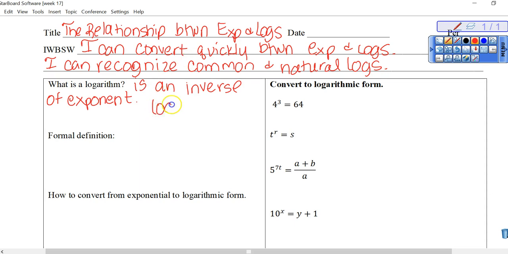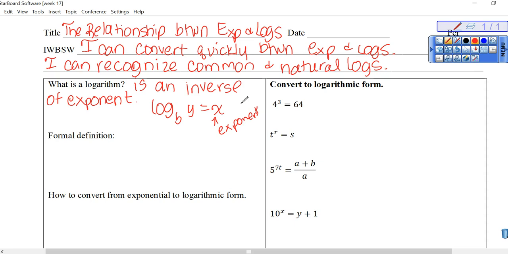You'll see the log of some number y base b equals x. And x represents the exponent. So when you solve a log, you find an exponent. Basically, that's what a logarithm is.